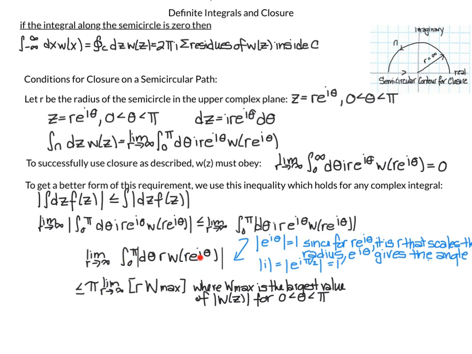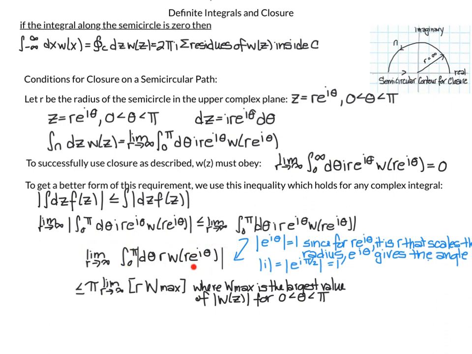If you consider this integral's graphical representation, we often think of it as the area under this curve. This gives us the height, and this 0 to pi gives us the base, the length. So the length, and then we have this height. If we take the maximum value of w of r e to the i theta, that will give us the maximum height that we have over this interval.